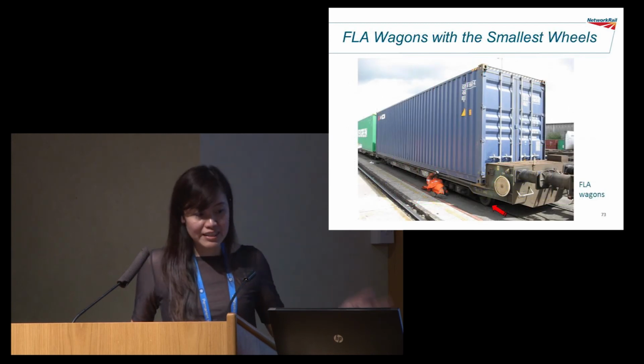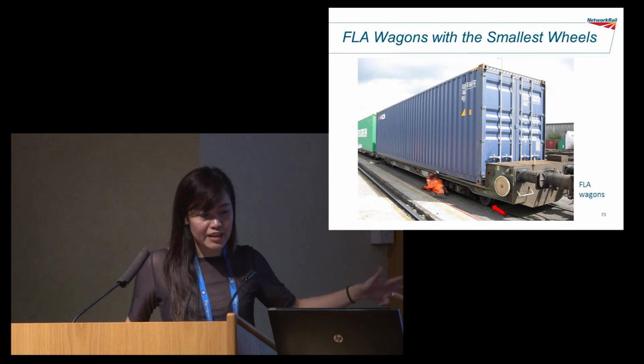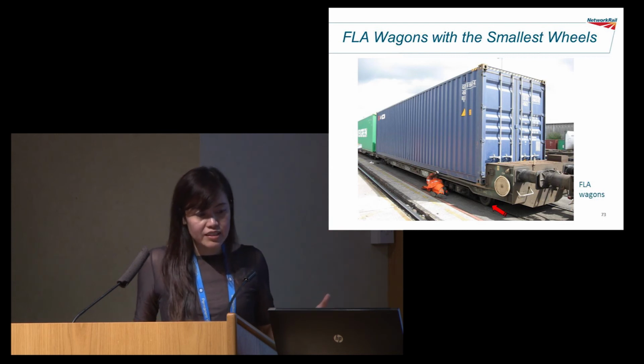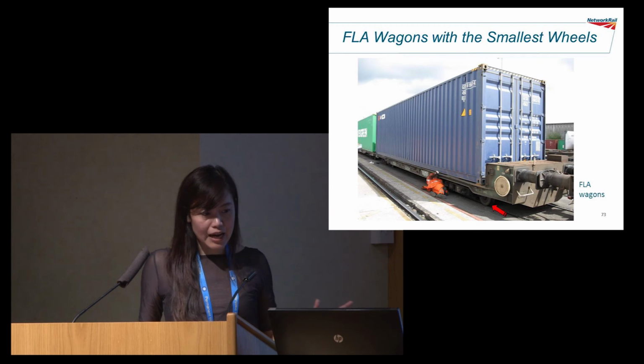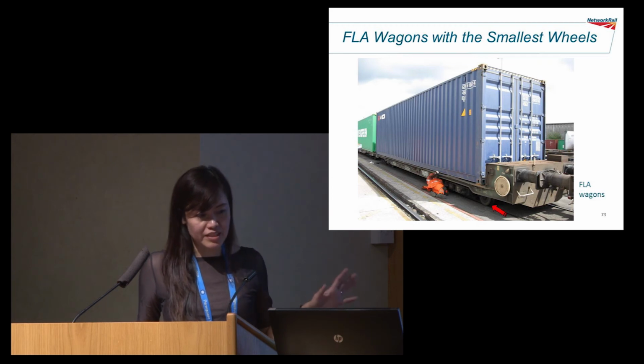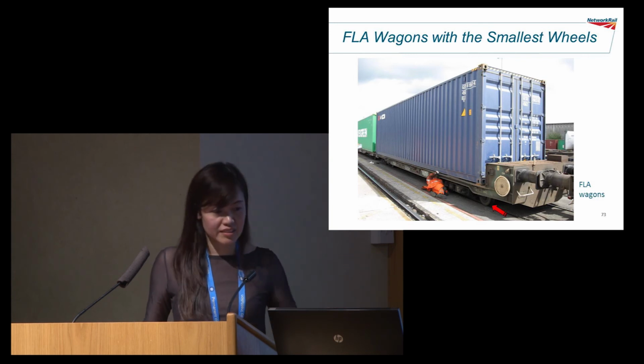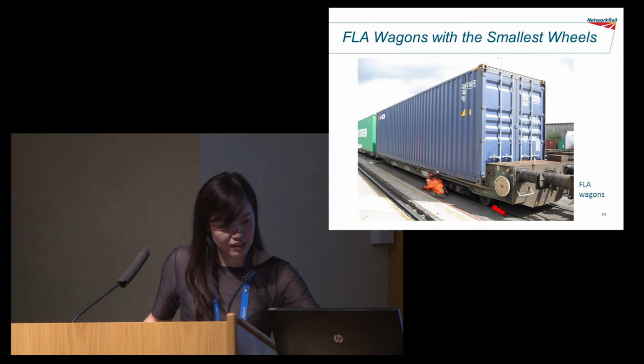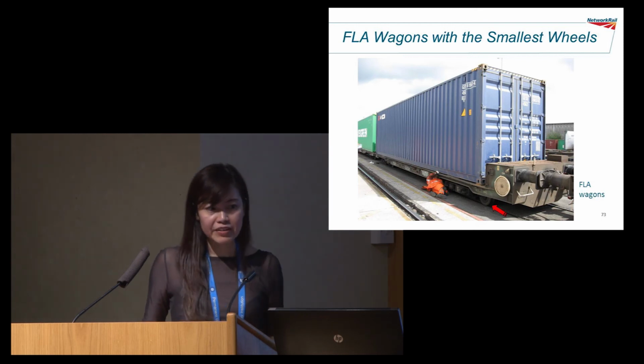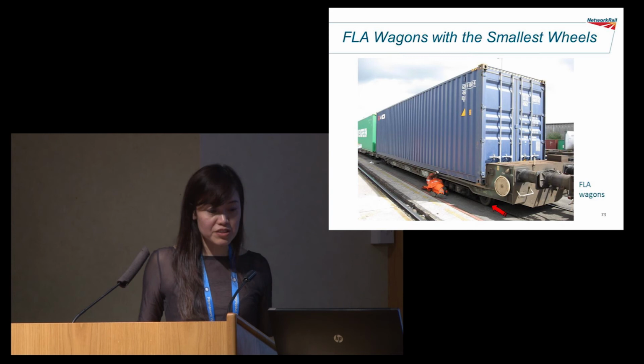So if we look at passenger stock, if we have 38 mm check rail height, we can only have that up to a crossing angle of about 6. So anything sharper than 6, we're non-compliant. So these are the FLA wagons with the smallest wheel.